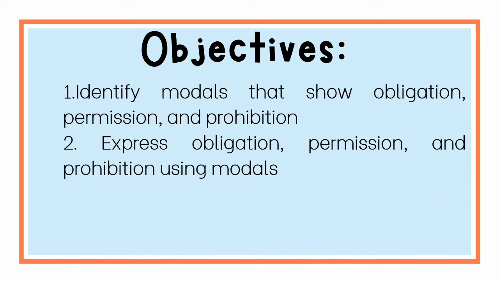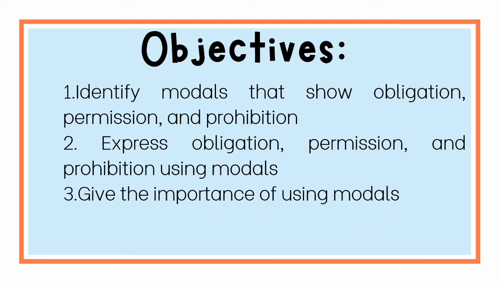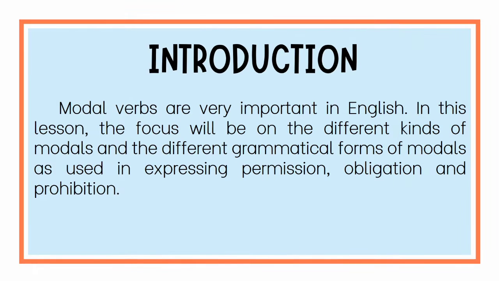Express obligation, permission, and prohibition using modals, and give the importance of using modals. These are very important in English. In this lesson, the focus will be on the different kinds of modals and the different grammatical forms of modals as used in expressing permission, obligation, and prohibition.